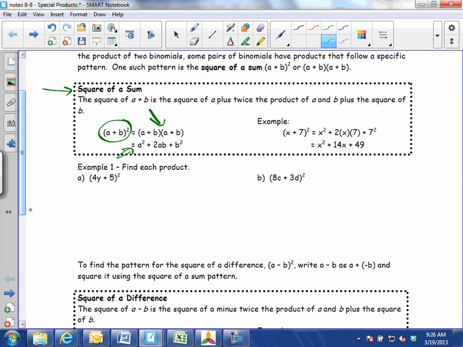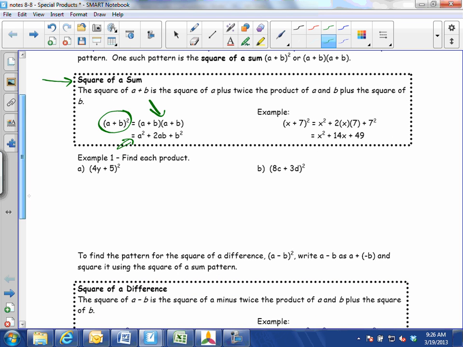Let's look at this example. If we were going to FOIL it, I would write it like this, take it times itself. Okay, let's FOIL. What are we going to do first? That would get us 16y squared.